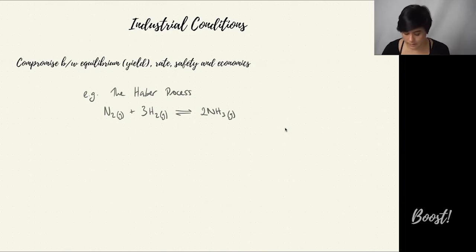And other things to consider here as well are safety and economics, i.e. the cost of the reaction. And the cost is usually due to the amount of energy needed.